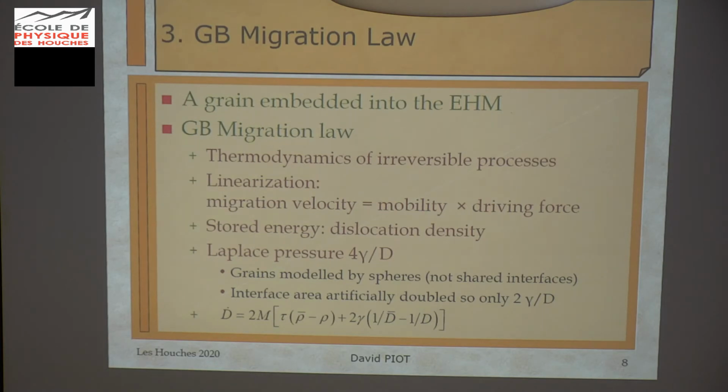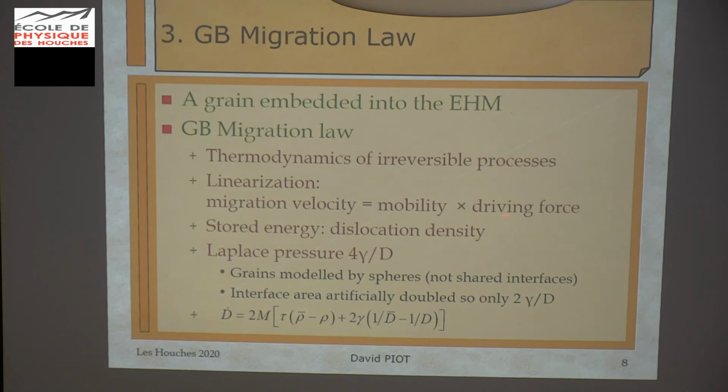We need also a grain boundary migration law. It comes from the thermodynamics of irreversible processes. More precisely, it is linearized for small driving force, and in this case the migration velocity is considered as the product of a mobility, a material property, times the driving force.